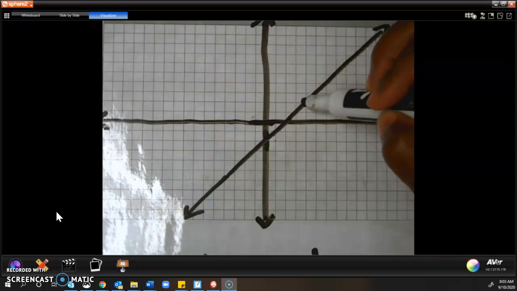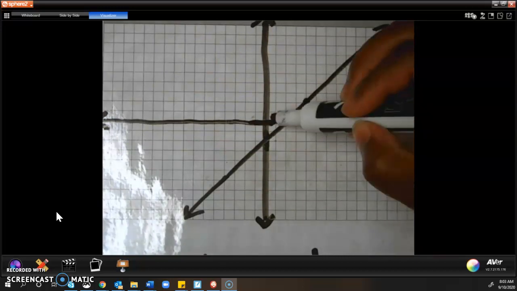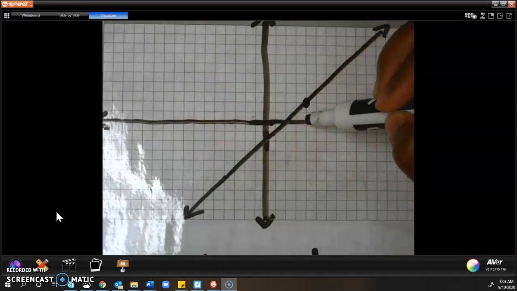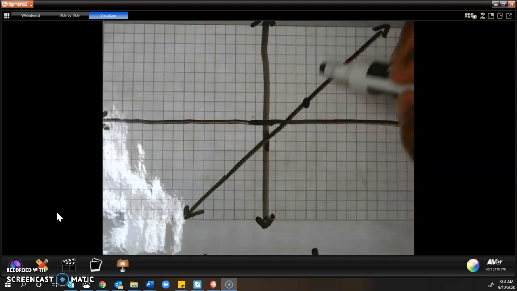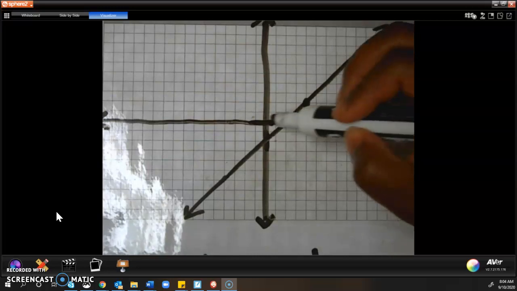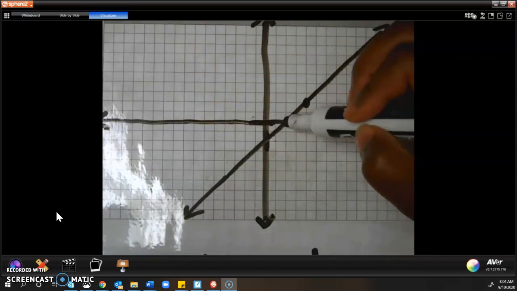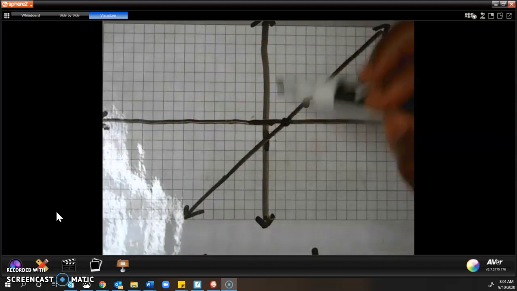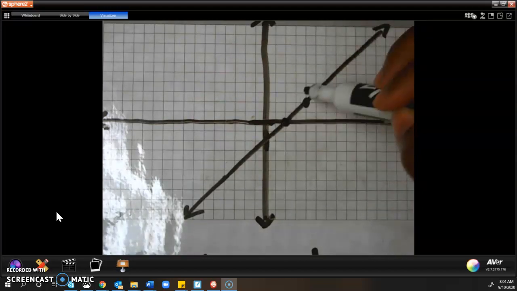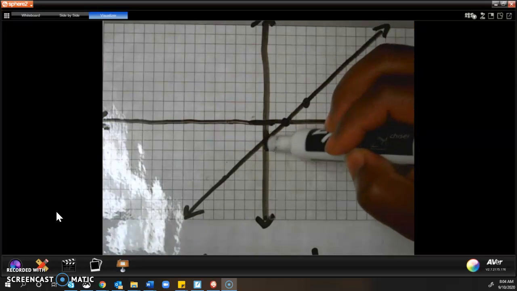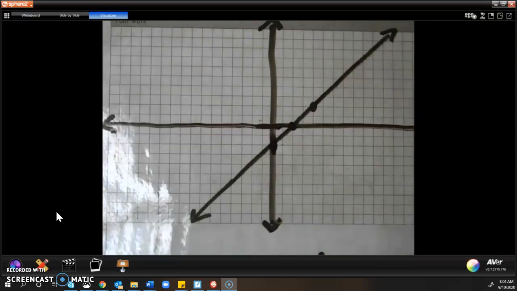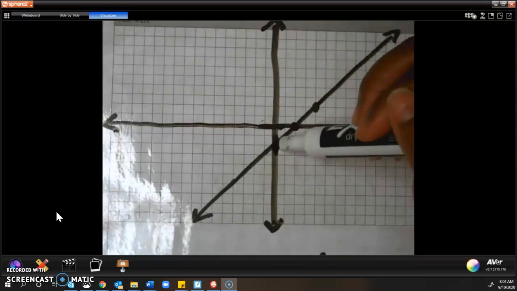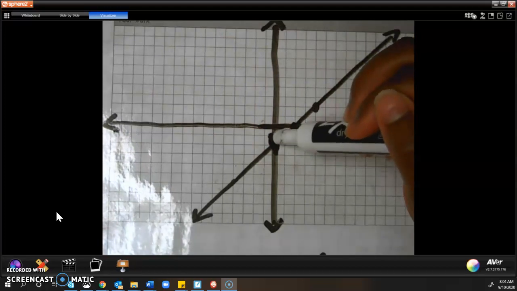So I'm going to choose this point here, which is 4, 2. And then I'm also going to choose 2, 0. Okay. And let's go with our y-intercept. Just 0, -2.